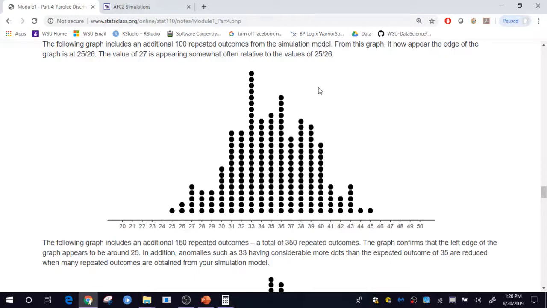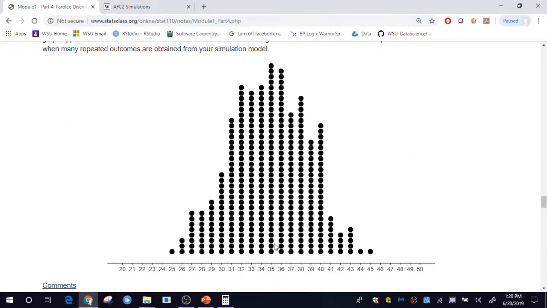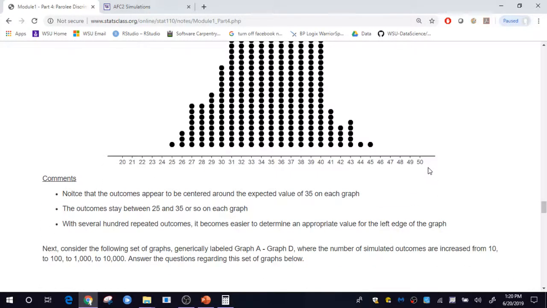But as you do more and more simulated outcomes, some of these anomalies are going to start being reduced. So here with 350 simulated outcomes, you can see that 35, the expected outcome, is actually occurring more frequently. Also, with several hundred repeated outcomes, it becomes easier to determine an appropriate cutoff on that left edge of that graph. I already talked about that a moment ago.